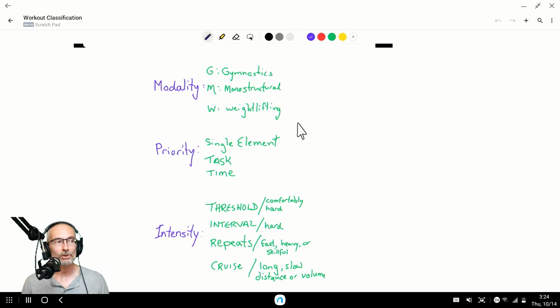In addition to looking at the modality of the workout, I also want to look at the priority that the workout is placing. Some workouts are single element. What that means is that we're placing the priority on that one movement.